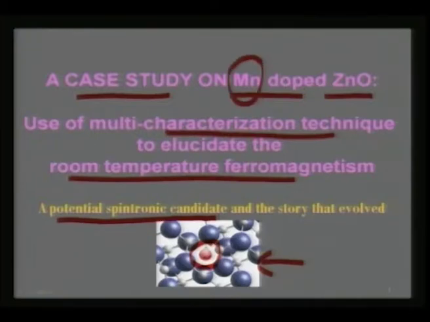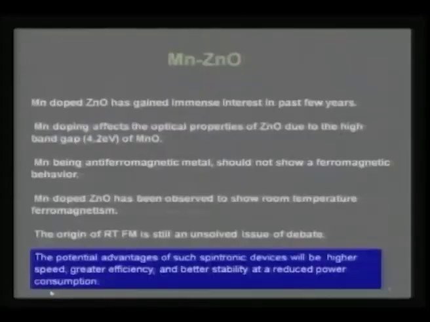So, we are going to look at the origin of magnetic property in zinc oxide using a doping of a non-magnetic ion. So, it is a much simpler issue, how to elucidate the ferromagnetic component that is present in zinc oxide, because both zinc oxide as well as manganese that is doped there, Mn2+, are not magnetic. So, it is much easier for us to evaluate what is really going on there.